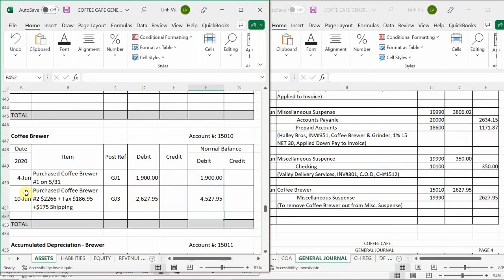Good. Right? $4,527.95 is correct. Good.